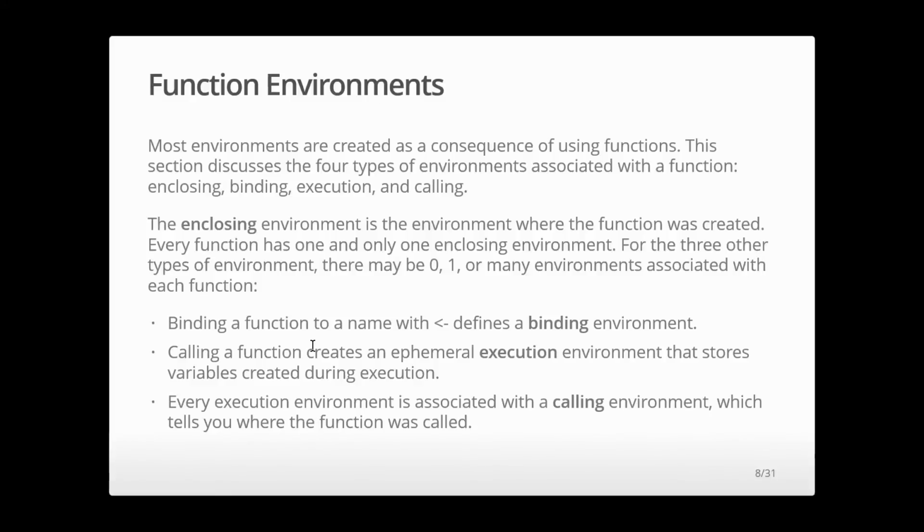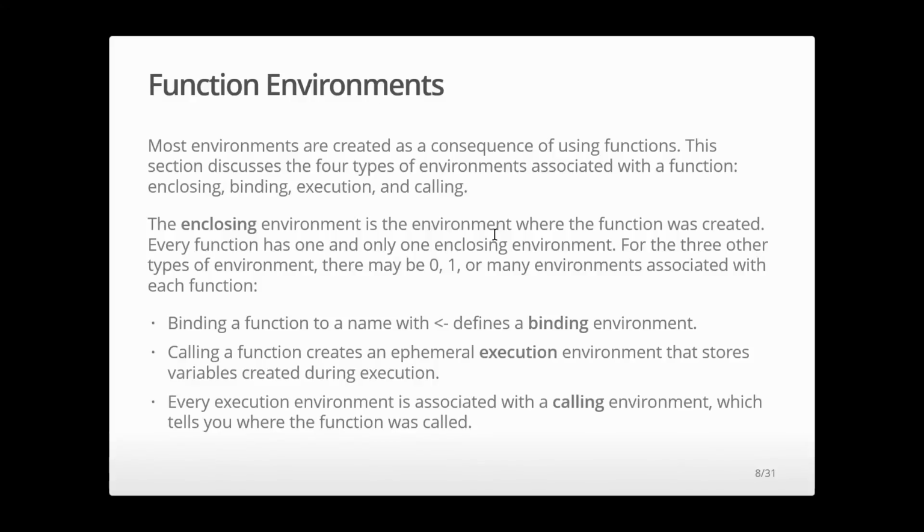The enclosing environment is the environment where the function is created, and every function only has one enclosing environment. The other ones, you might have one or more, or they might not even be part of it.